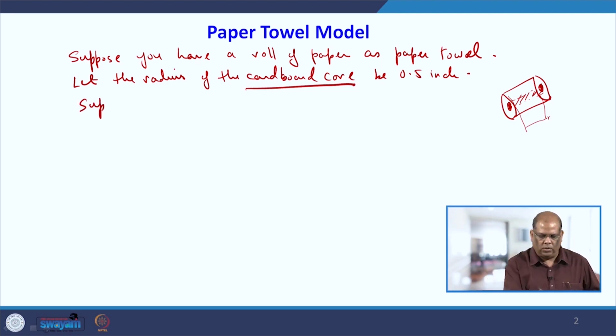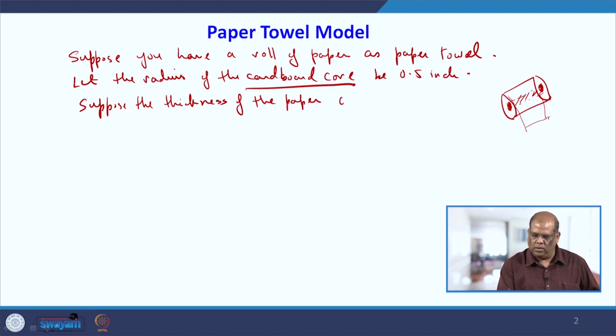And suppose the thickness of the paper be 0.002 inch.